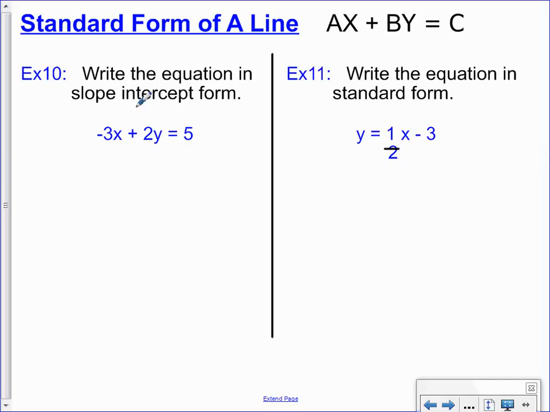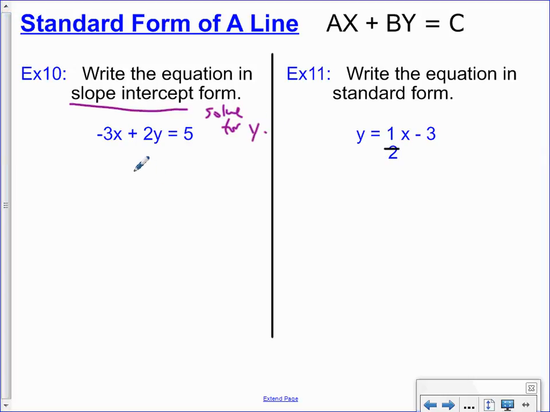Write the equation in slope-intercept form. This one's already in standard form. Notice in standard form, all of the numbers are integers, no fractions. They like to have it in whole numbers. To change it to slope-intercept form, we have to solve for y to get y equals mx plus b.